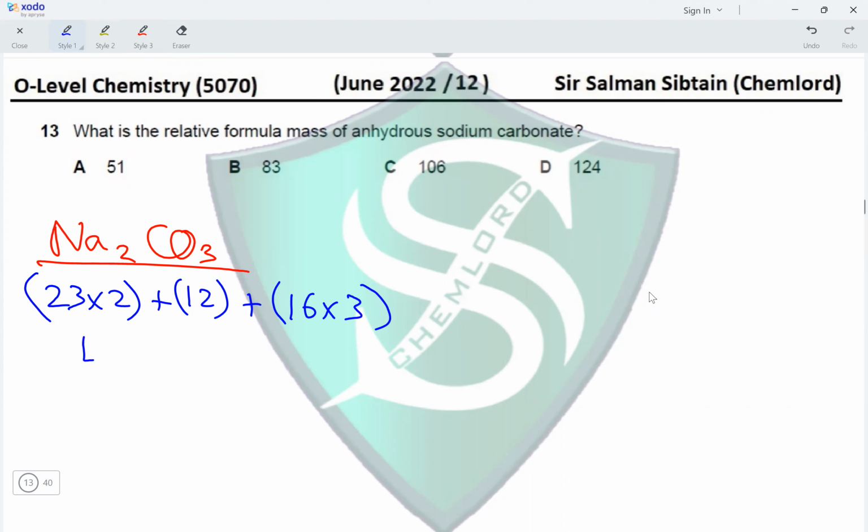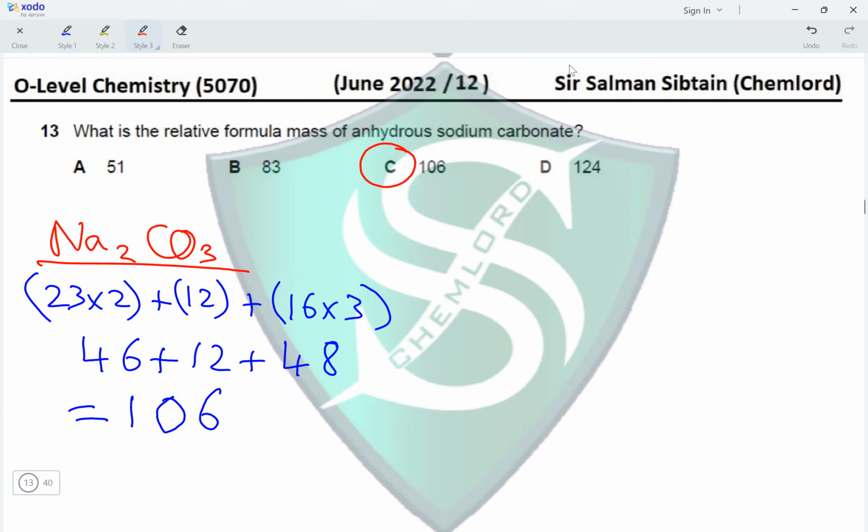So 23 into 2 gives us 46, 12 remains as it is, and 16 threes are 48. When we add up all of these numbers, we end up with 106. So the relative formula mass for anhydrous sodium carbonate is 106, making option C the correct option for this question.